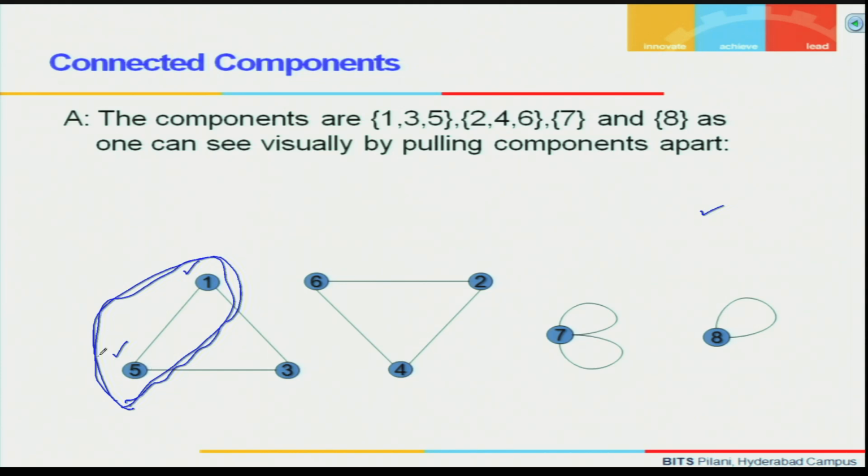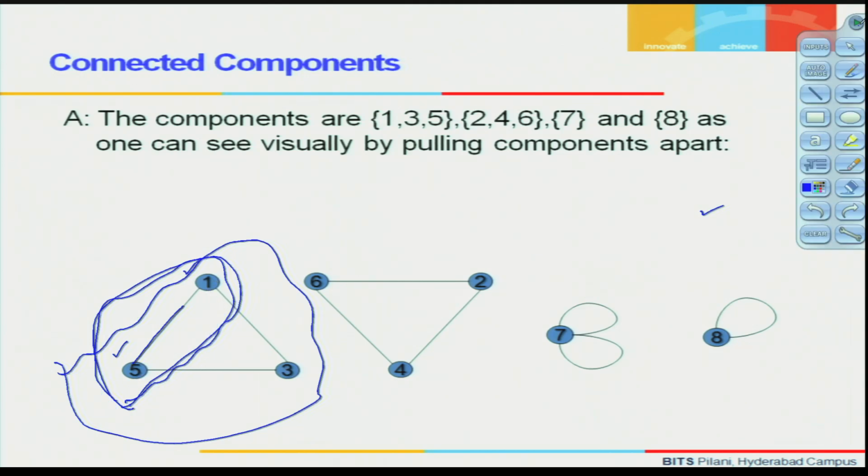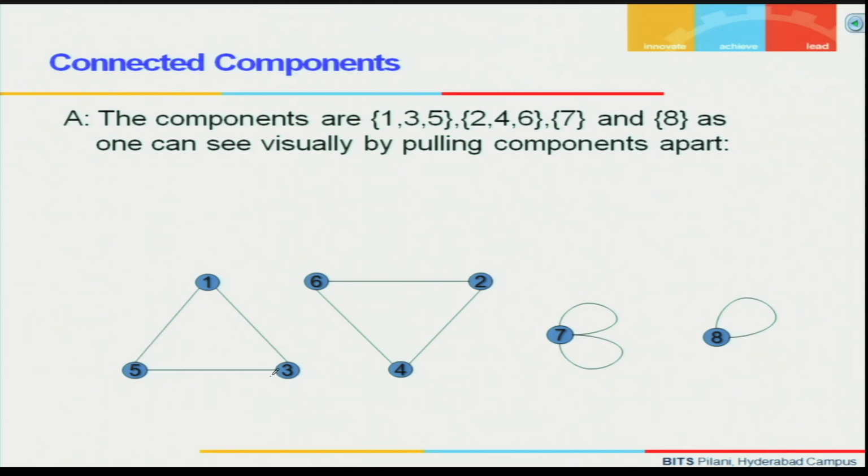If you see the subgraph {1, 3, 5}, this is a connected subgraph, and it is containing the subgraph {1, 5}. Hence this subgraph {1, 5} alone is not a maximal connected subgraph. Let us see whether {1, 5, 3} is a maximal connected subgraph or not. {1, 5, 3} is a connected subgraph. Is it maximal?